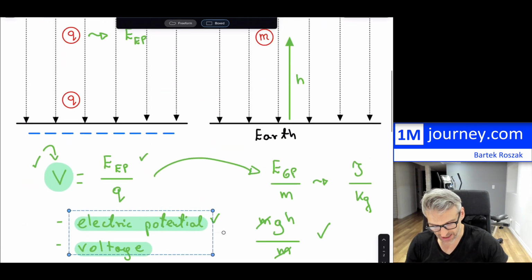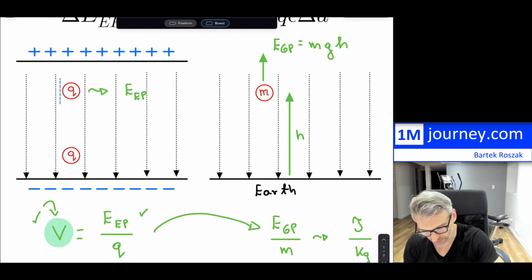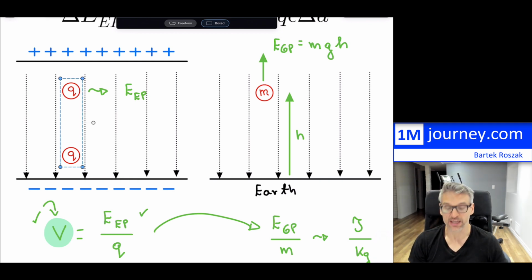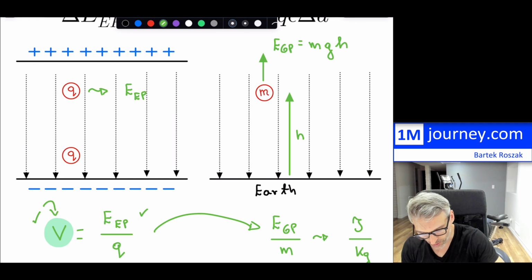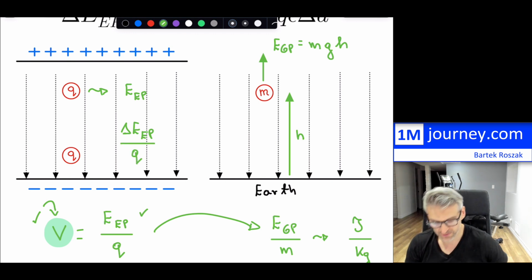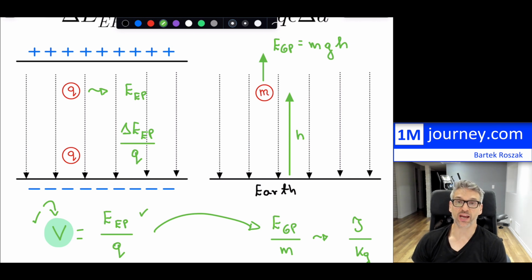So if we change from one point to another, we can certainly find out what the difference is. That would be the difference of the electric potential energy. But if you take this and divide it by Q, that would be the change in voltage, or the difference in voltage that you have.